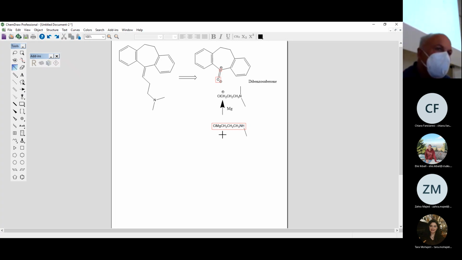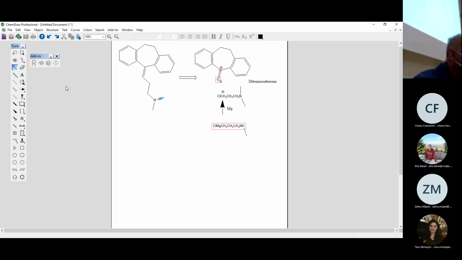In this reagent, there is a metal between the halogen and the carbon atom. In this case, the carbon atom has a higher electronegativity than that of the metal, of the magnesium.